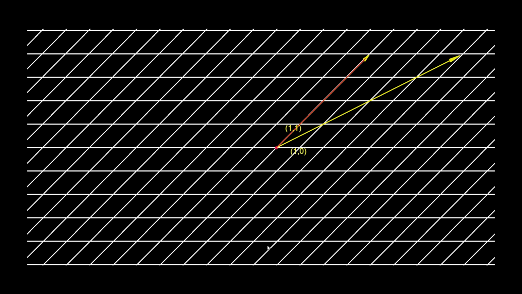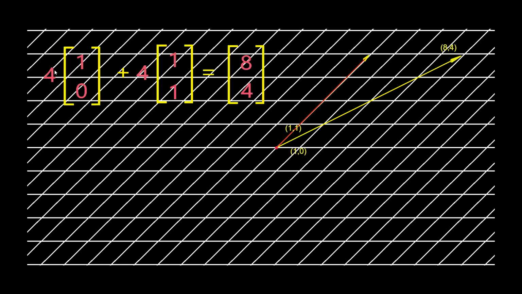Well, let's try to put this mathematically. 4, which was my original x-coordinate of this vector, times the transformed x basis vector, which is still 1, comma 0, plus 4, which is the y-coordinate of my previous untransformed vector, times the transformed y basis vector, which is now landing on 1, comma 1. And this will give me the actual coordinates, that is 8, comma 4, of the transformed vector.